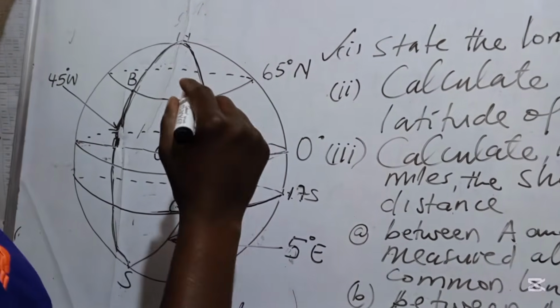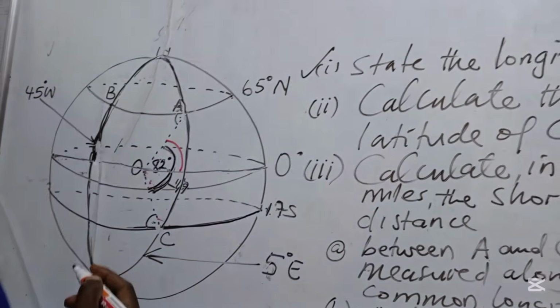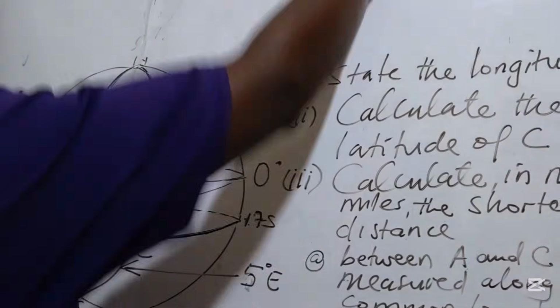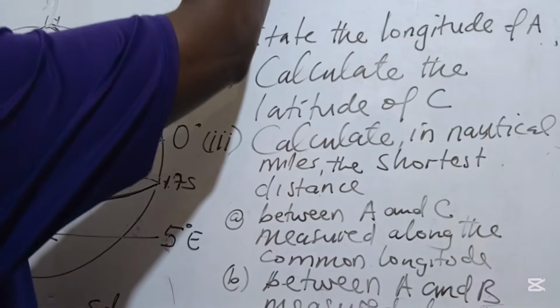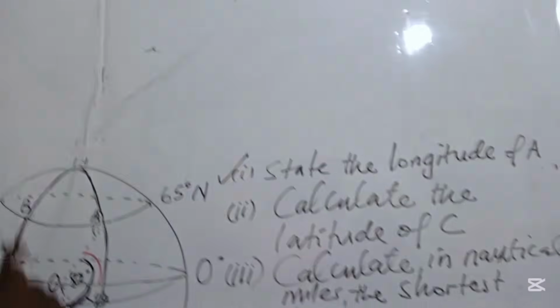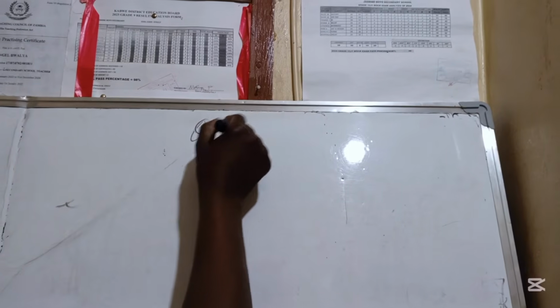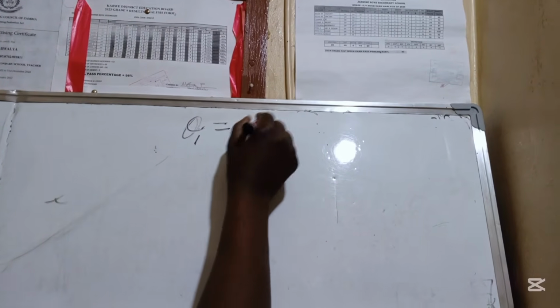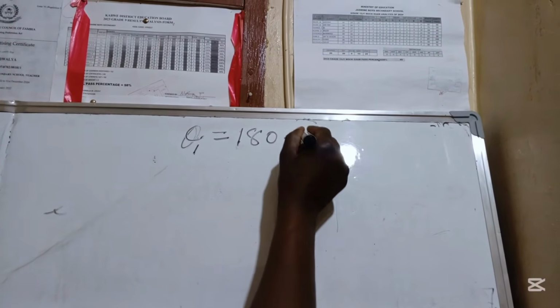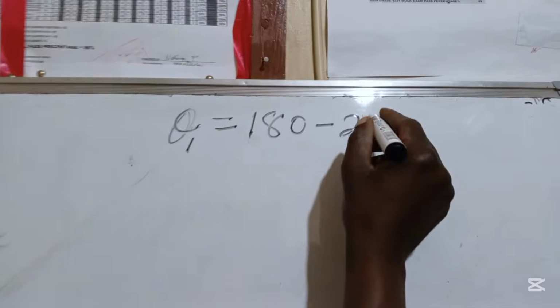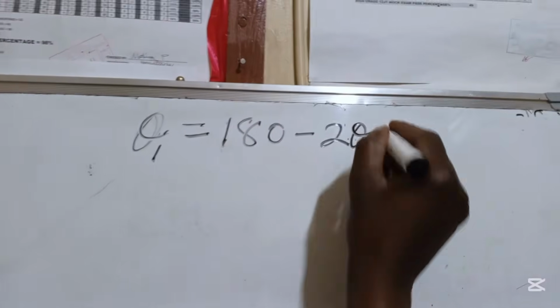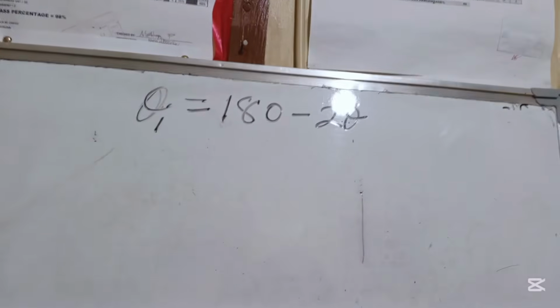Number one, the theta is a special theta, and we call it the shortest distance. It is theta 1. How do we find this theta 1? Because the special theta is 180 minus 2 times the latitude.